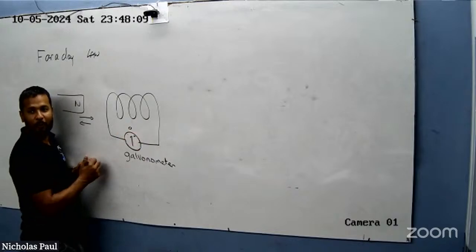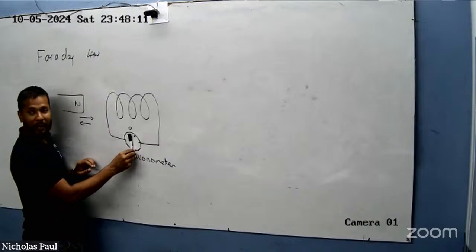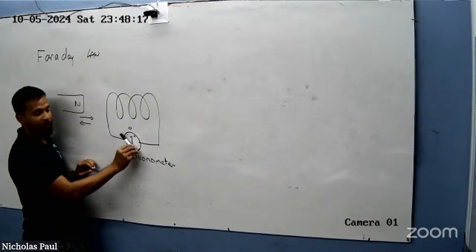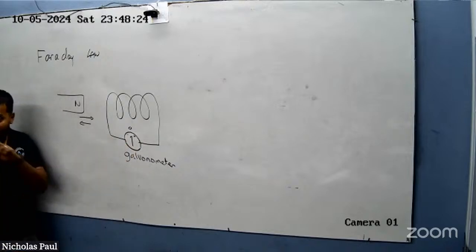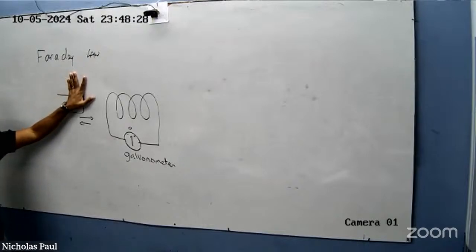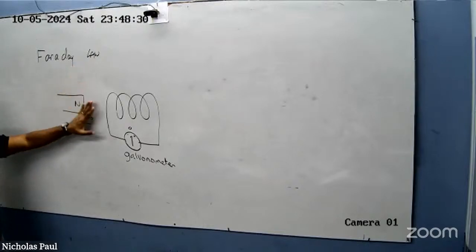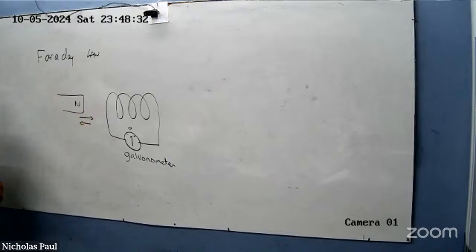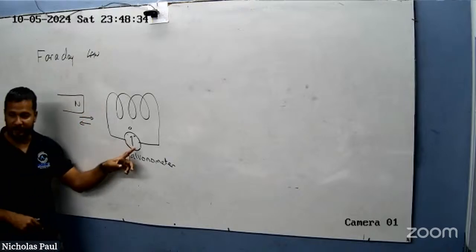So all that will happen is this. It will come down more. That's it. It will deflect more. So the faster you move it, the bigger the deflection. The slower you move it, the smaller the deflections. That's okay? So Faraday's law gives us an idea of the magnitude of the current being induced.